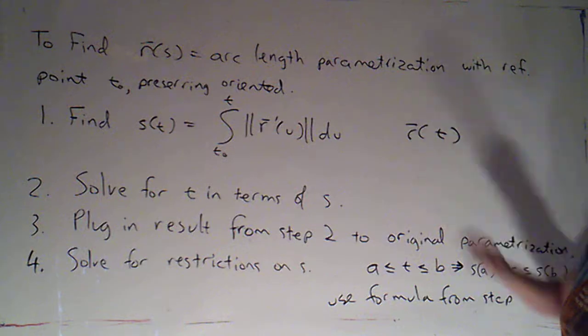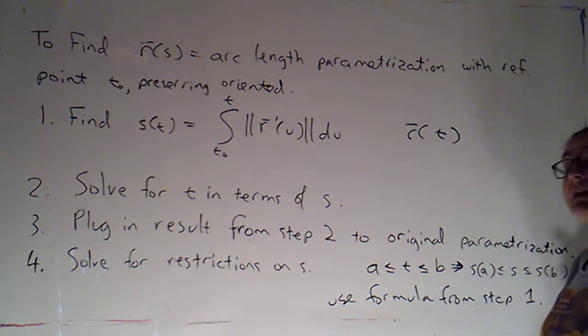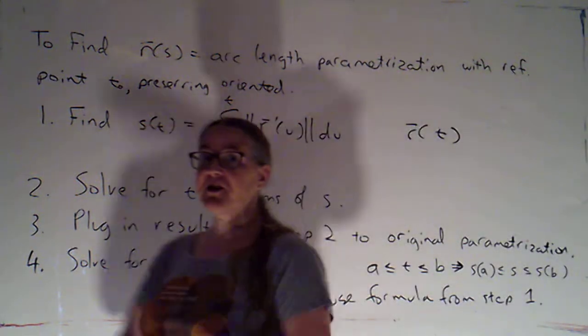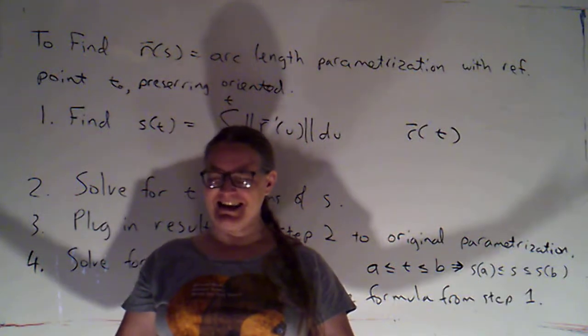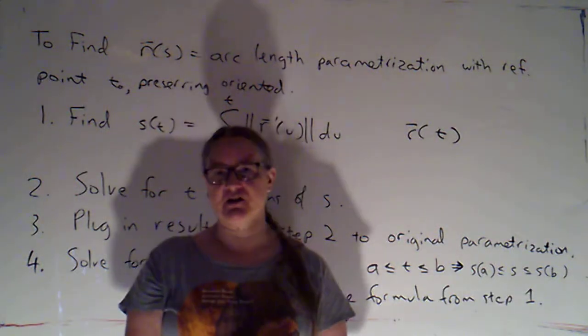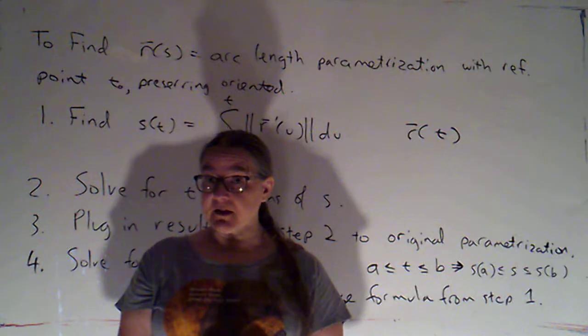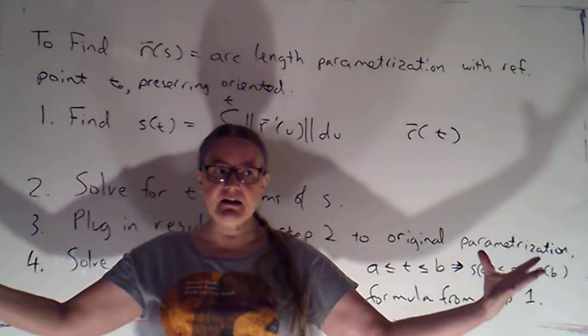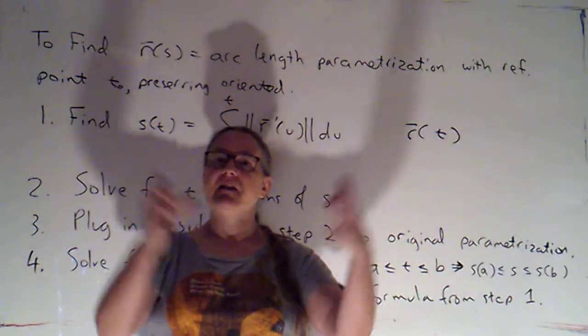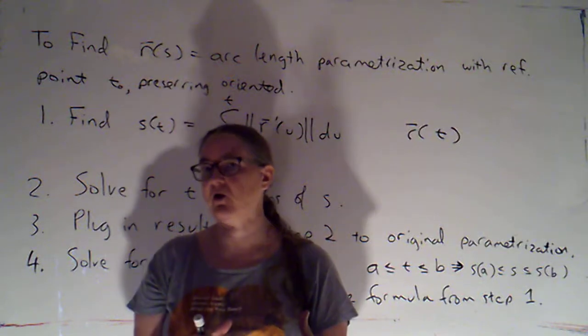Okay, excellent. Now, it is possible for there to be no restrictions on t, but still there are some restrictions on s, because it's entirely possible to have an infinite t interval that maps to a curve with finite arc length.